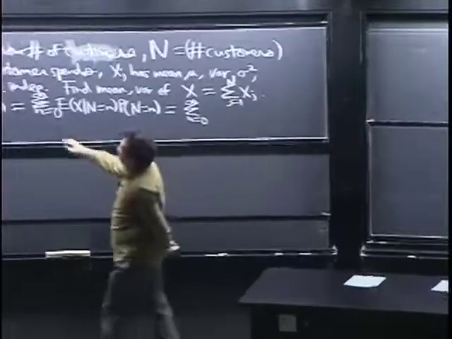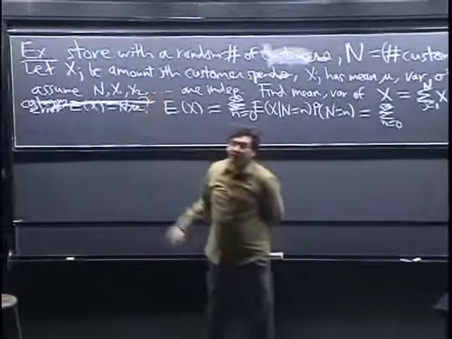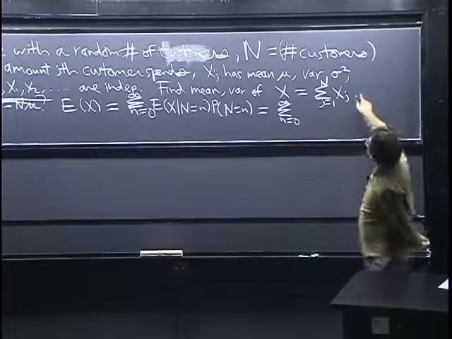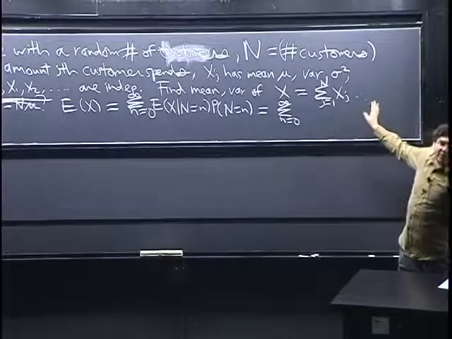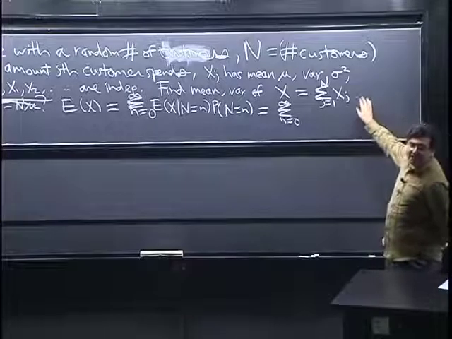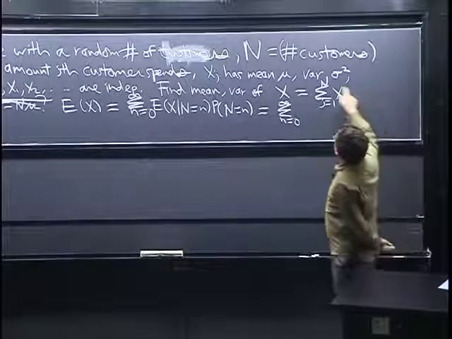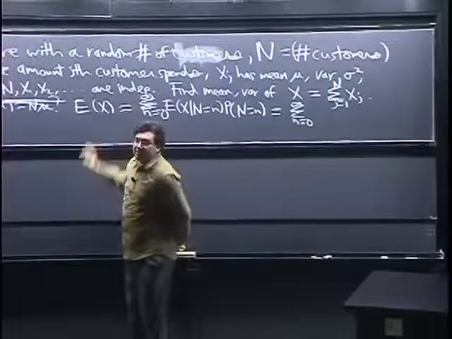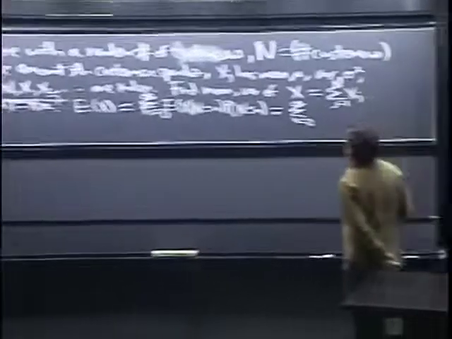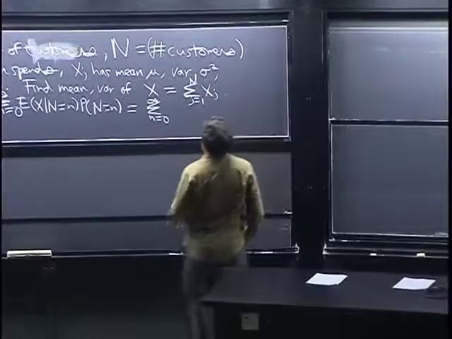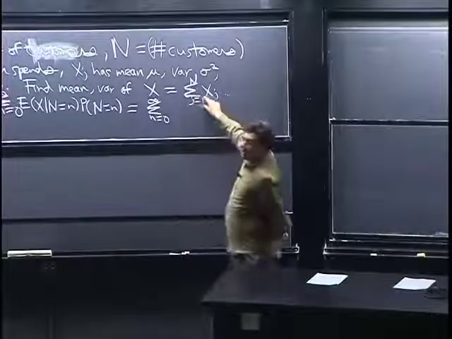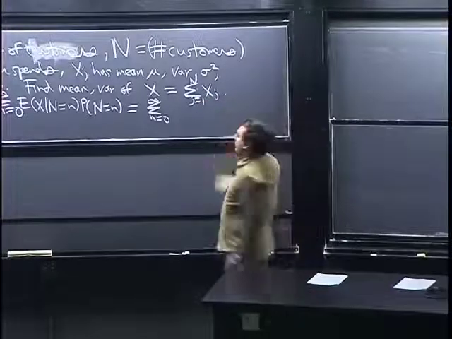And here's where this assumption is important. Because if we didn't have this assumption, we would plug in big N equals little n, but just like in earlier examples we saw, like the two-envelope paradox, we can't then forget the condition, big N equals little n. In this case, though, big N is independent of the X's, so we can forget the condition. And so by linearity, you're adding up little n things, each with mean mu, so that's mu times n.